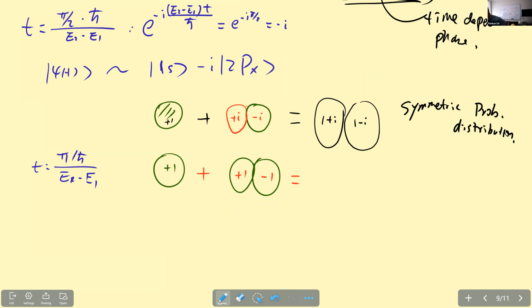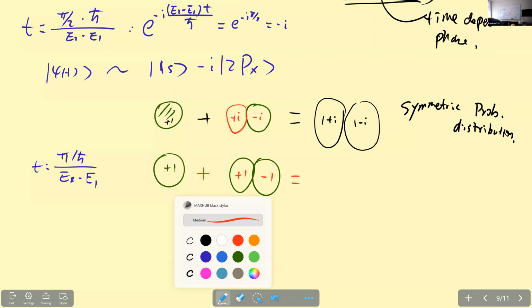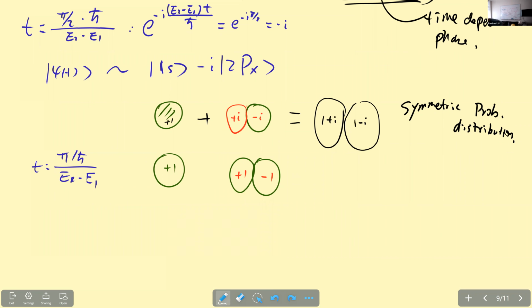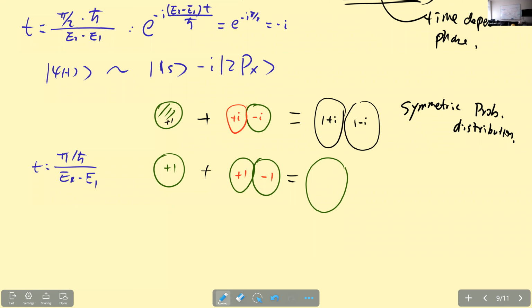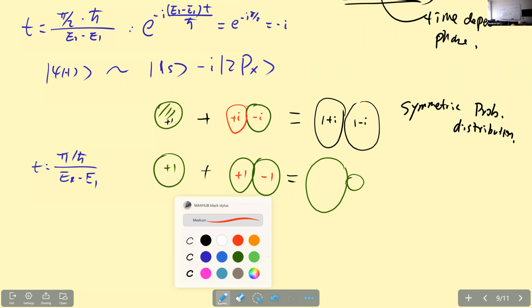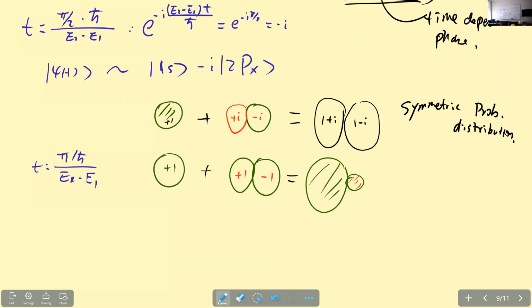So that will give us, now you're going to have constructive interference right here and destructive interference right here, okay? So this one is small and this one is big, and this is x equal to 0. Right, again, you get a non-symmetric one.